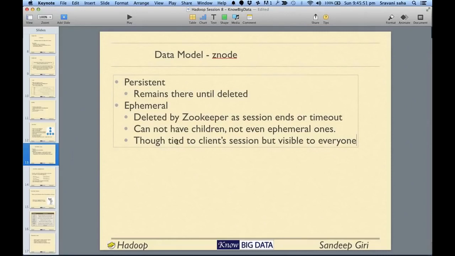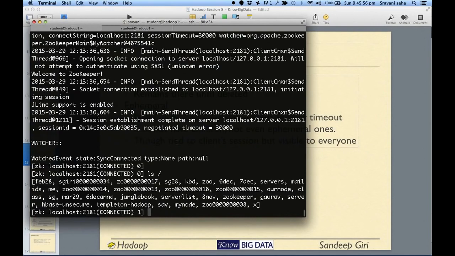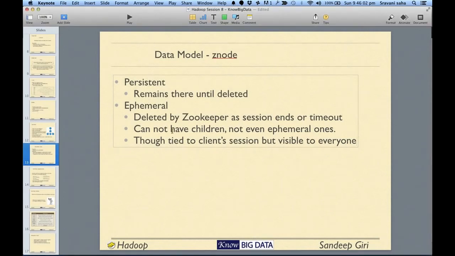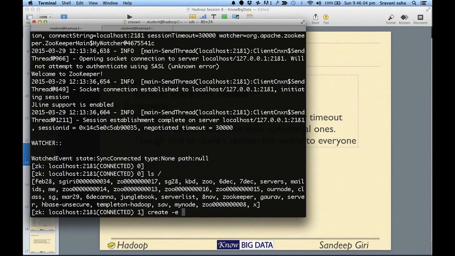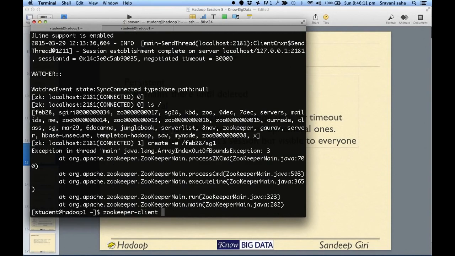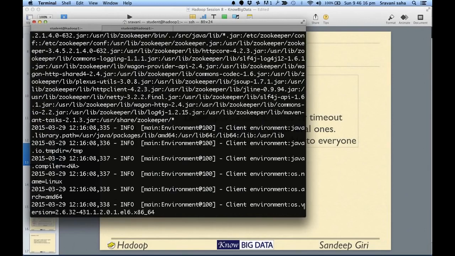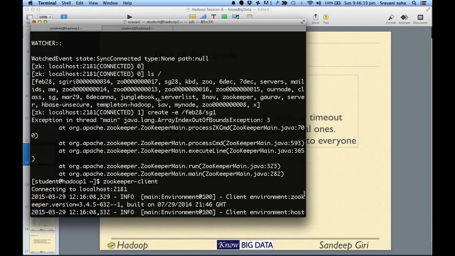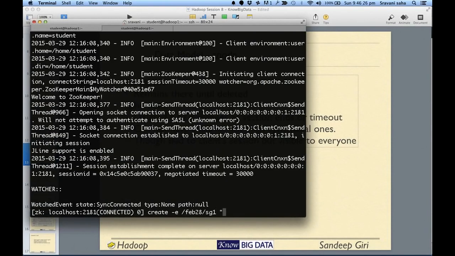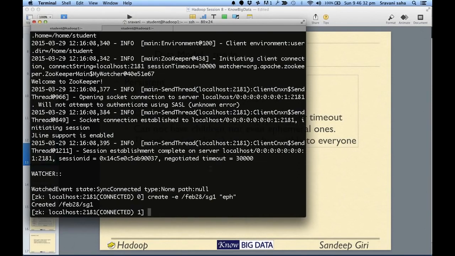As soon as the client who created an ephemeral node disappears, the node disappears. For example, under fab28, we say create -e /fab28/sg1. If you do not provide the data part, it will throw an error. So this is my ephemeral node.